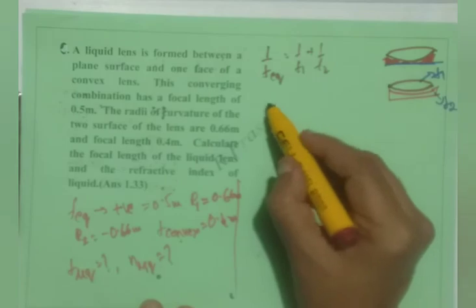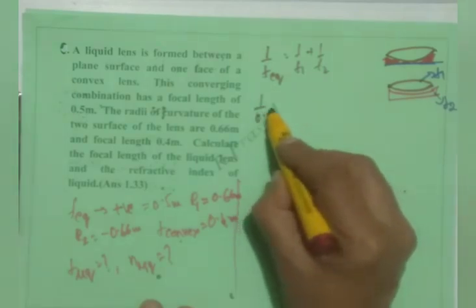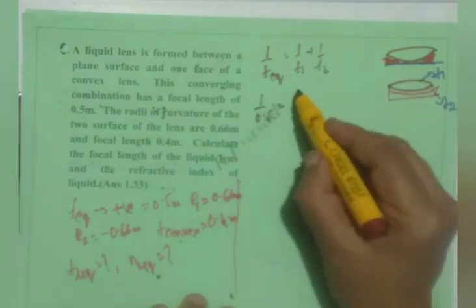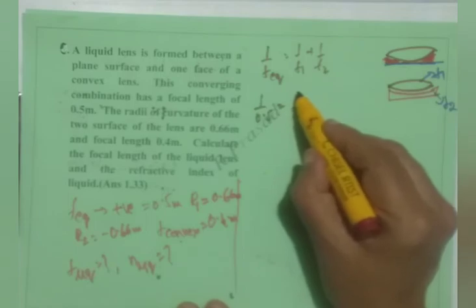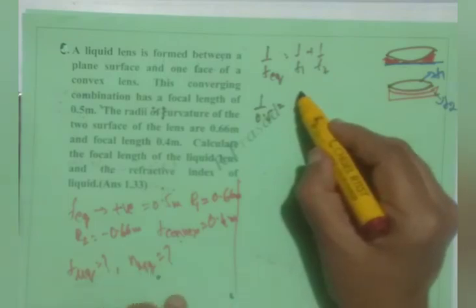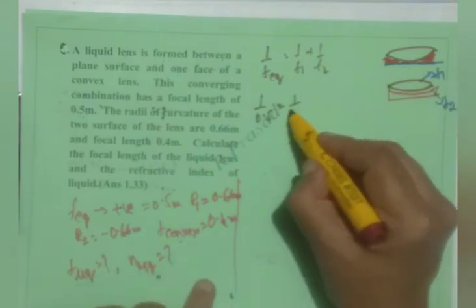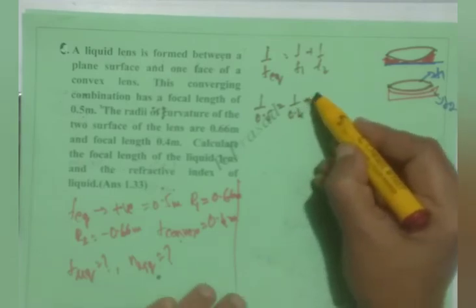So we go for the calculations now. 1/F equivalent is 1/0.5, equals 1/F1, where F1 is the focal length of the convex lens, 1/0.4, plus 1/F2.